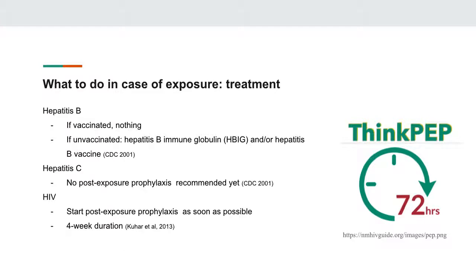However, if you are unvaccinated, then the treatment will consist of hepatitis B immune globulin and/or hepatitis B vaccine. For hepatitis C, as we talked about, there is no vaccination, and we also do not have a recommended post-exposure prophylaxis yet, which is exactly why we always recommend prevention.